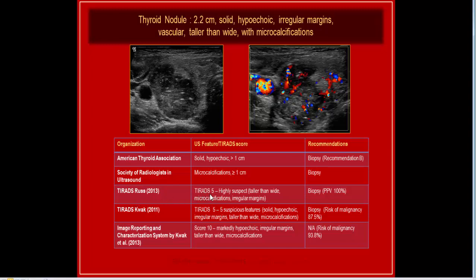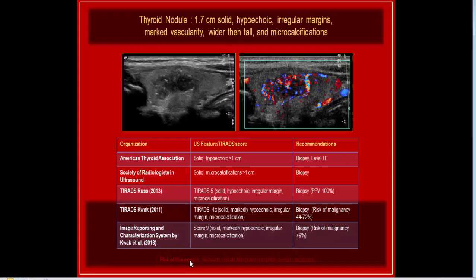TI-RADS: TR5, highly suspect, taller than wide, microcalcification, irregular margins, biopsy. Quack at 11: TI-RADS 5, suspicious feature, recommend biopsy. Quack at 13: score 10, recommend biopsy.